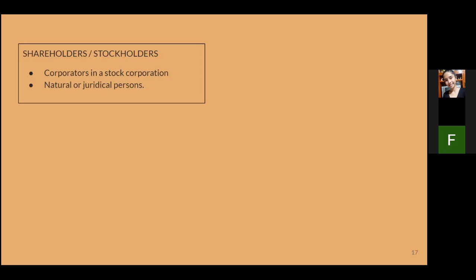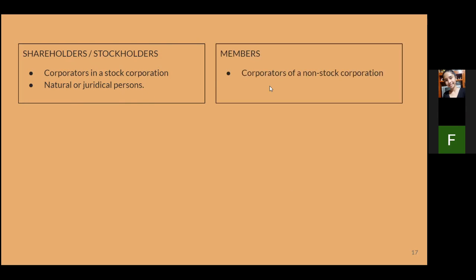So next, we have shareholders or stockholders. Ito yung mga corporators sa stock corporation. Pwede silang natural or juridical person. And kapag sinabi nating members, syempre sila yung mga corporators sa isang non-stock corporation.